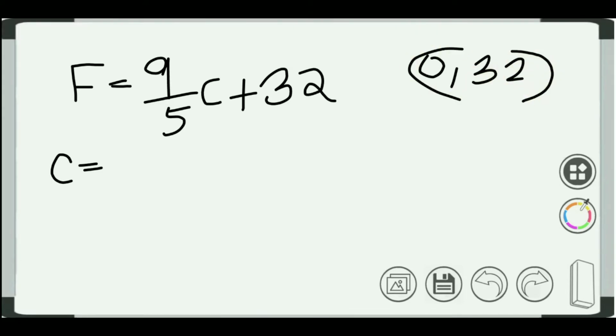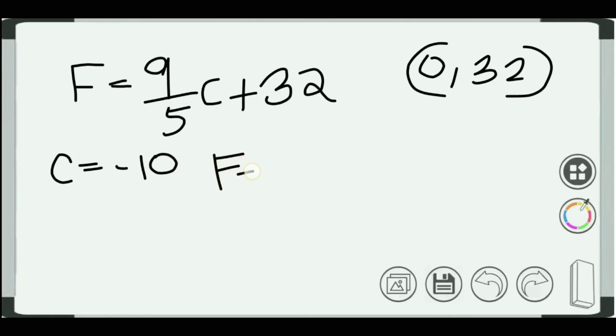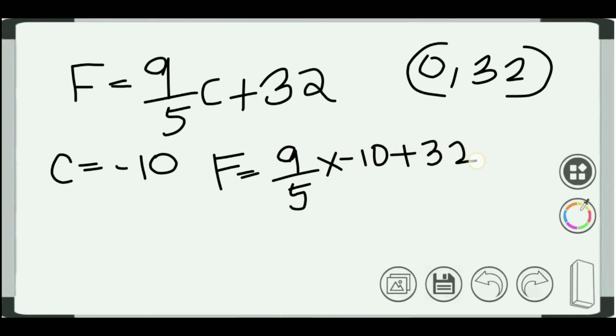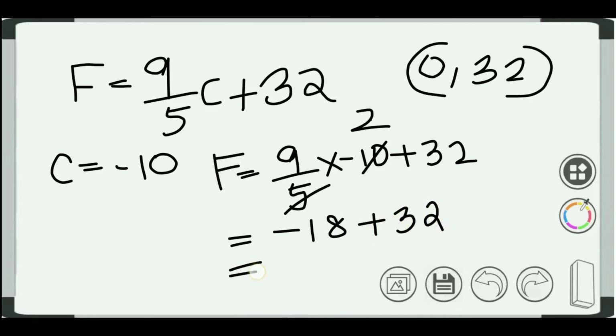Now suppose I am taking next C equal to minus 10. What is the value of F? F is equal to 9 by 5 C, C is minus 10, plus 32. 5 2s are 10. 9 into minus 2, minus 18 plus 32. What is minus 18 plus 32? That is 32 minus 18, 14.